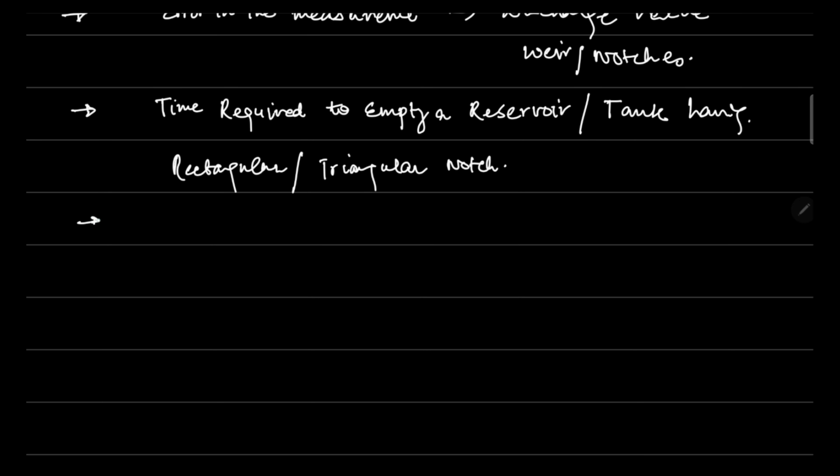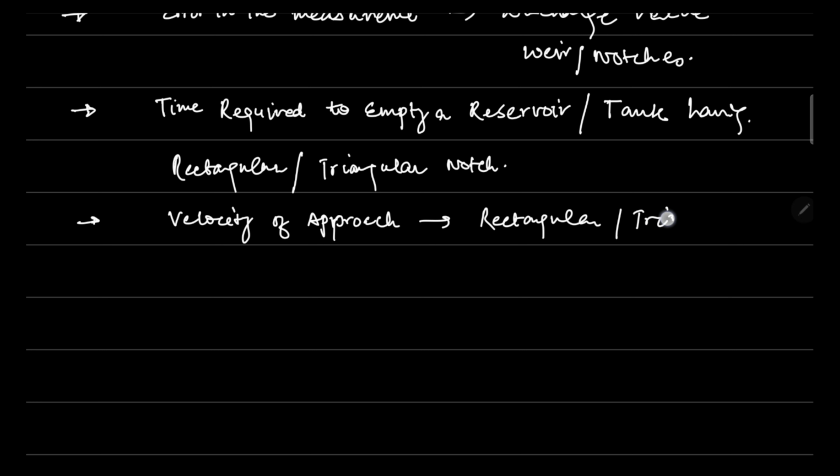Then we will solve some problems related to the velocity of approach that can be used for the different shapes of weirs, especially rectangular, triangular and trapezoidal as well.